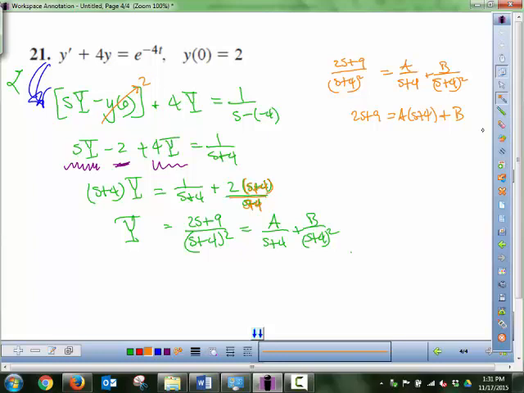So I can let s equal negative 4. And then what do I have left here? Negative 4, negative 8 plus 9 is positive 1 is equal to 0 plus b. So it looks like b is going to equal 1.